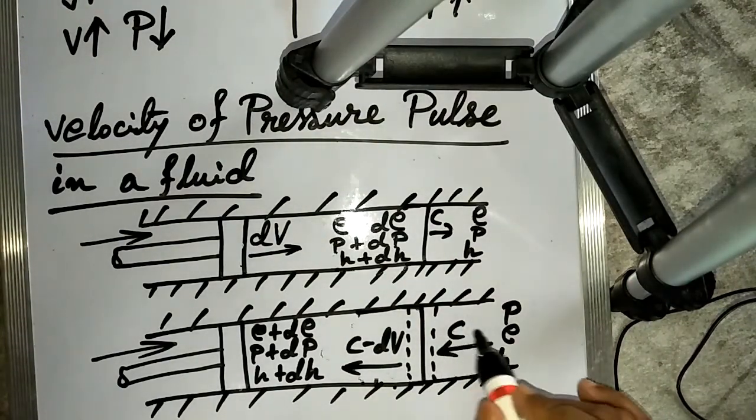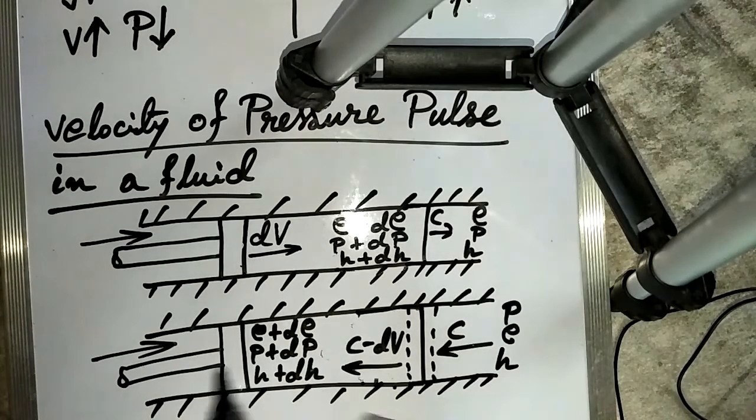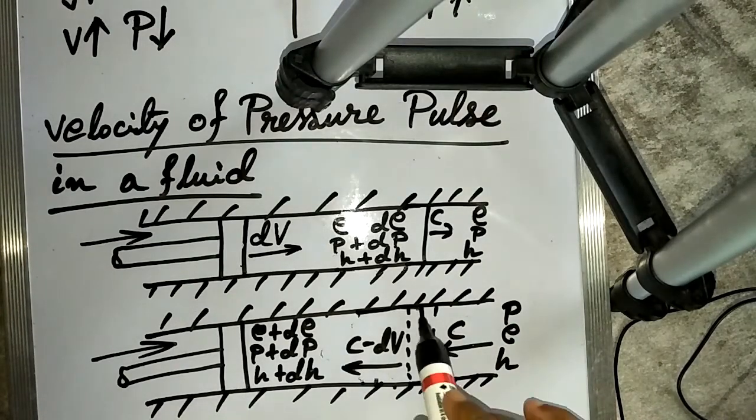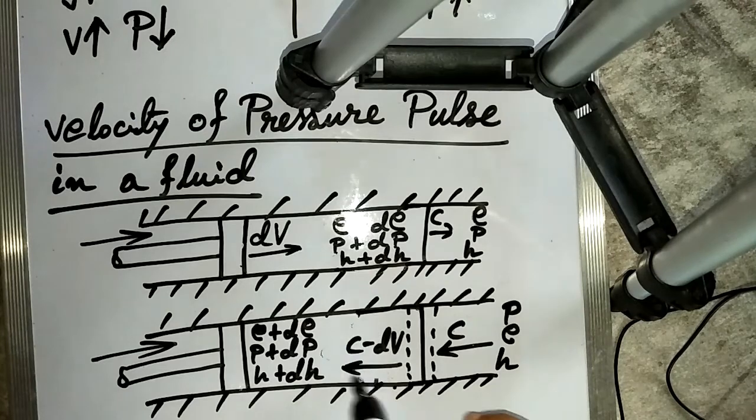The wavefront velocity is c, and between the cylinder and the wavefront the velocity is c minus dv. At the same time the pressure rises from p to p plus dp, density rho plus d rho, enthalpy h plus dh. And this dotted enclosure is the control volume.